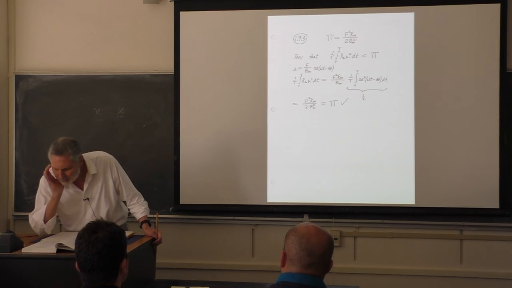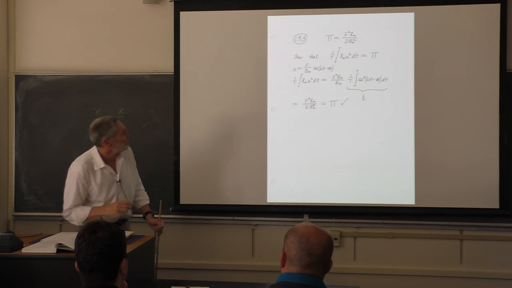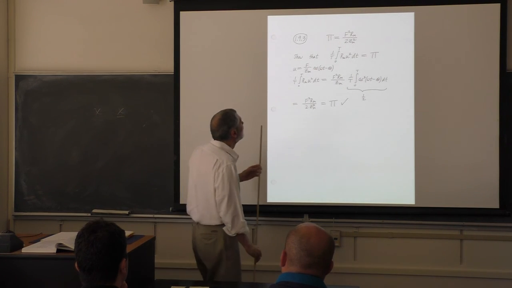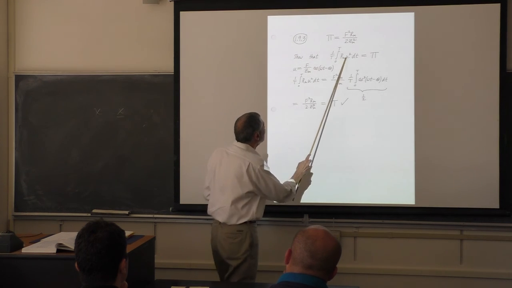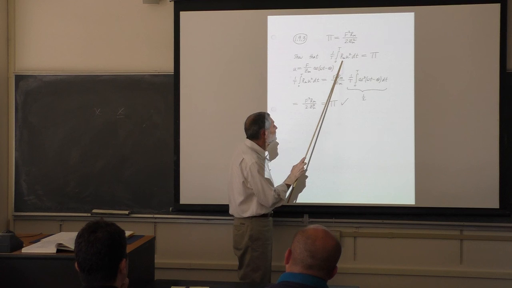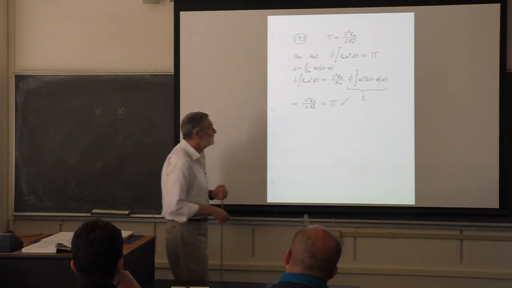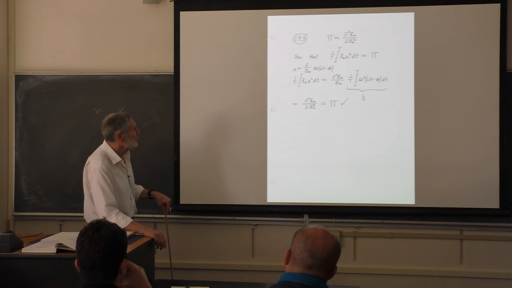What's wrong? Steady state, the power dissipated by the frictional force is equal to this. This is the force times the velocity, the instantaneous velocity. This is the power that's being dissipated by the resistive force.